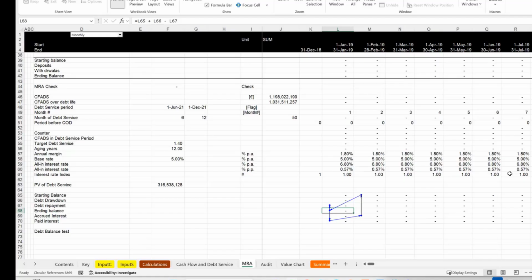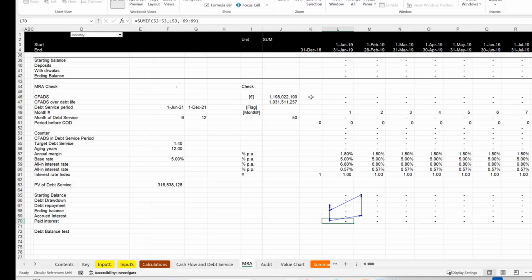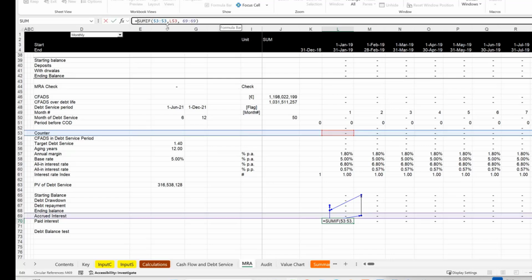Go down. Instead of multiplying by the repayment flag, go down to the one with the circular reference. I'm very nervous. Now the blue lines are driving me crazy. Put an if statement right after the sum if. Go up to the repayment date.